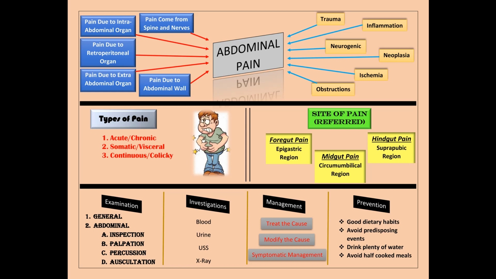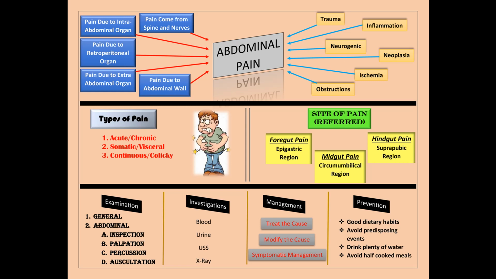Colic pain is pain that occurs when hollow organs vigorously contract their muscular wall to expel the cause of obstruction. So colic pains are renal colics, biliary colics, intestinal colics, etc. So the renal colic radiates from loin to groin.